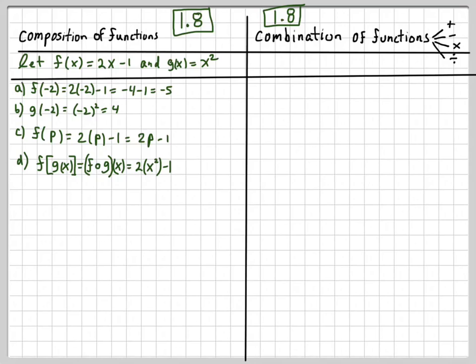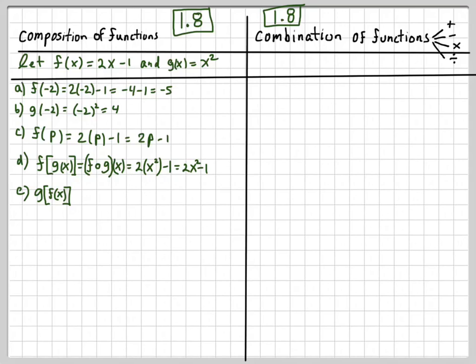So if we do that, we take g, which is x squared, and plug it into x in f of x. And so after we simplify, we get 2x squared minus 1, and that would be the answer. Another example, or a similar example, would be that I ask you to find g of f of x.